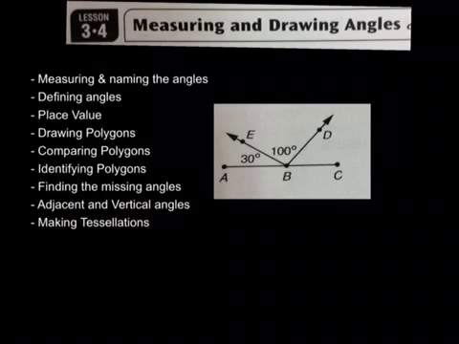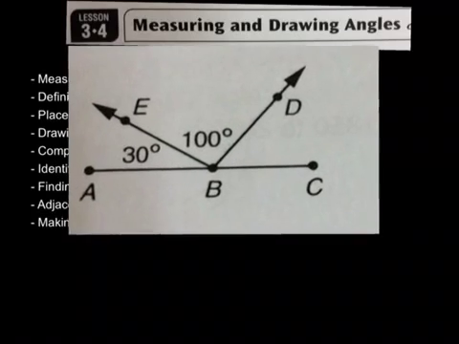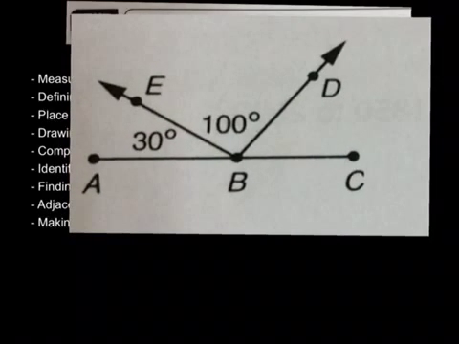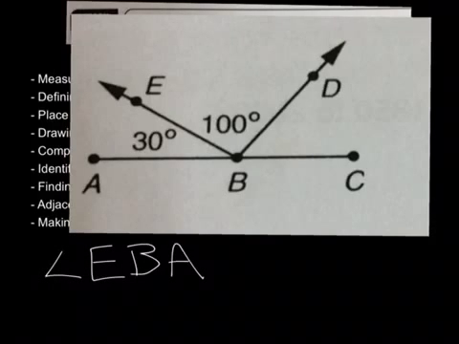Okay, in our last example, we just talked about adjacent and vertical angles. I want you to use this image here to identify a couple of angles. The first one I want you to tell me about is which angle is vertical to angle EBA. Which one is vertical to this angle?